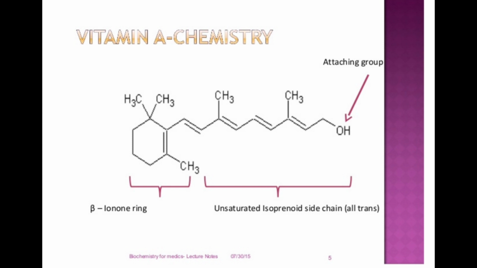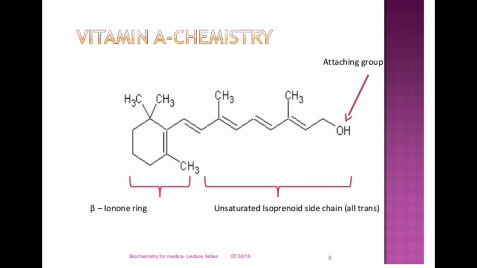The first part is the beta ionone ring, and the second part is an OH group attached to the unsaturated isoprenoid side chain. We call this unsaturated isoprenoid side chain all-trans. This word will come next, all-trans. So the beta ionone ring together with the unsaturated isoprenoid side chain is vitamin A, and there is a hydroxyl group.